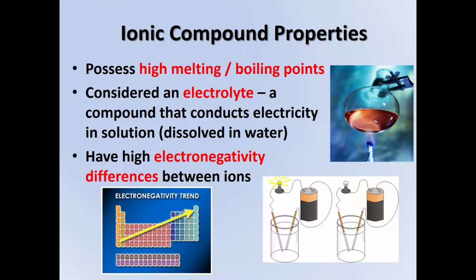So, they possess a very high melting and boiling point. So remember what it means to boil or melt. You have to overcome the attractive forces between the individual molecules. So when you're a solid, the individual molecules or the formula units are all pulled tightly together.